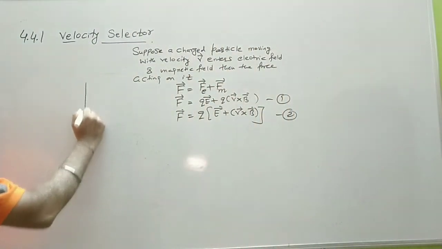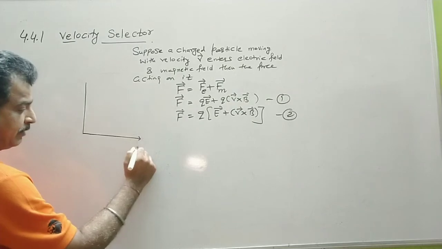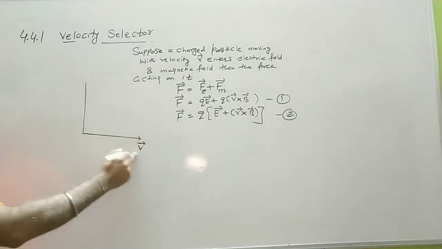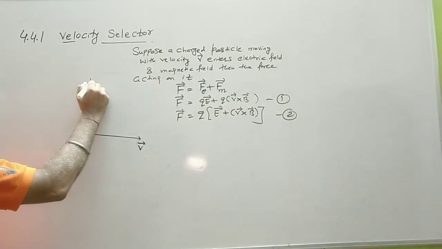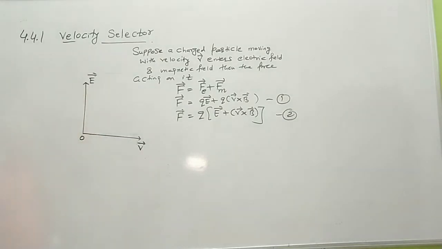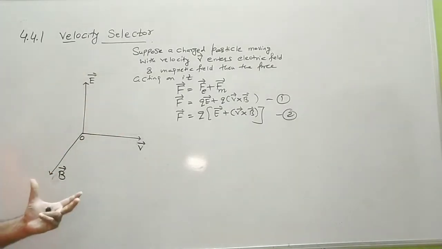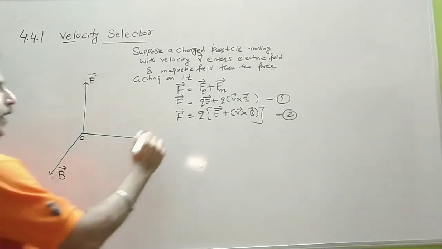So let us consider a situation where the velocity of a particle is along the x-axis, the electric field is along the y-axis, and the magnetic field is along the z-axis. So we have all the three vectors perpendicular to each other.